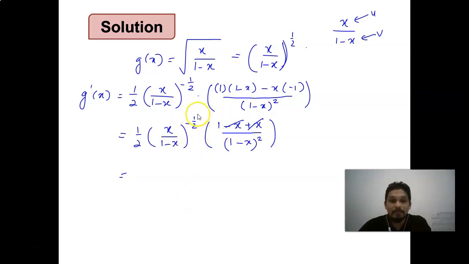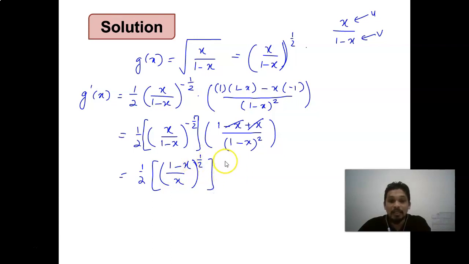And for this, we may simplify as 1 over 2, (1 minus x) divided by x to the power of half, without the negative anymore.